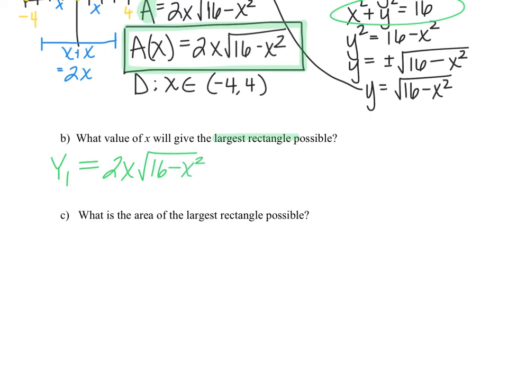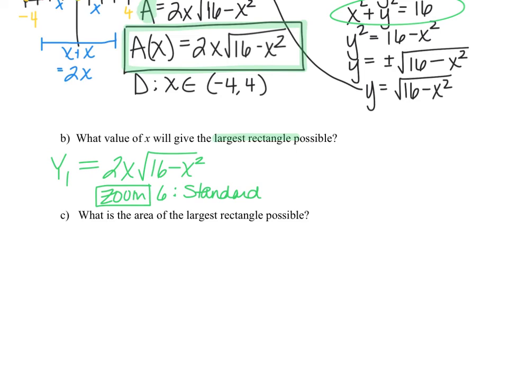Then always choose zoom, find that zoom key, and I always want you to start with zoom 6. Remember, zoom 6 is zoom standard, because that will change your viewing window back to a standard viewing window. Then adjust your window, go ahead and calculate that maximum, and then come back.